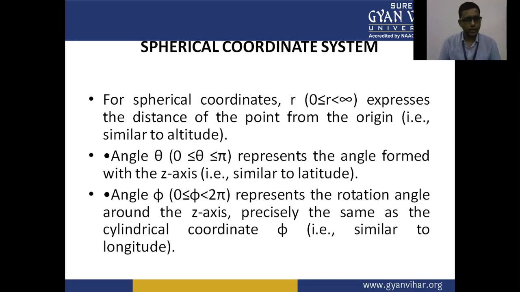The angle phi lies from 0 to 2 pi and represents the rotation angle around the z-axis, precisely the same as in the cylindrical coordinate system. Phi is similar to the longitude.